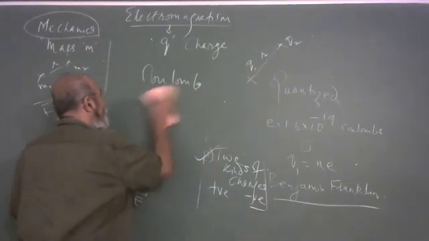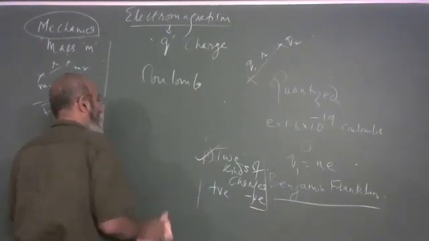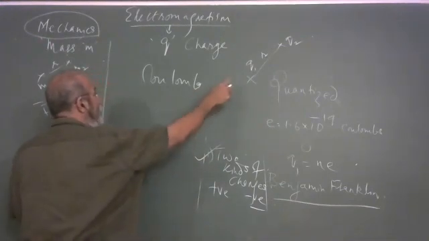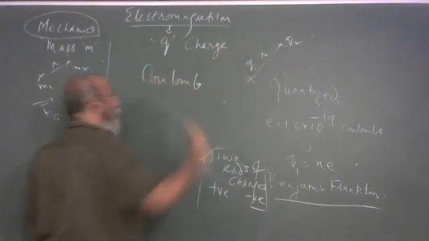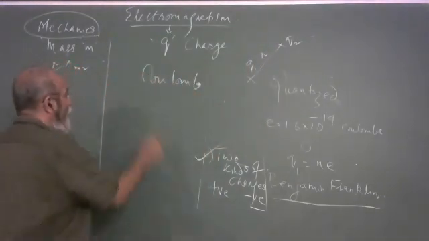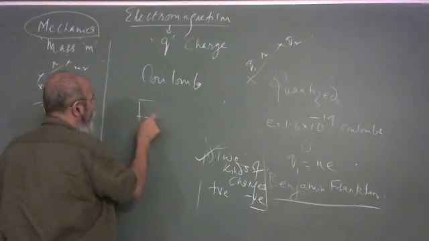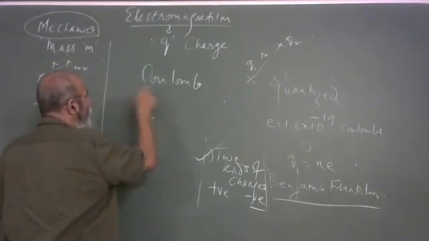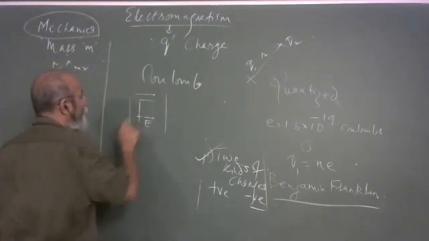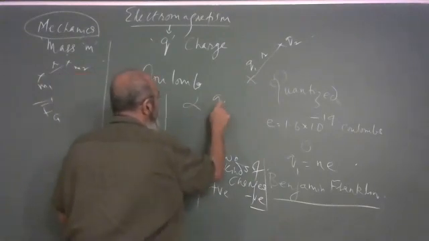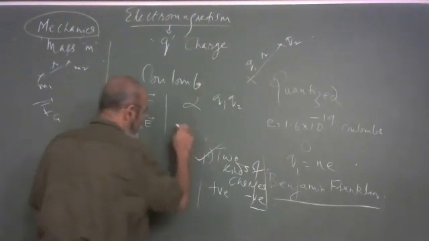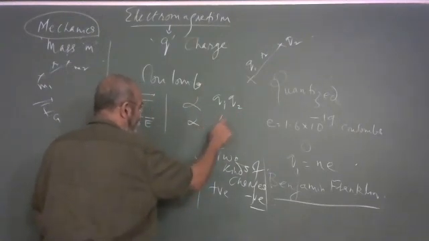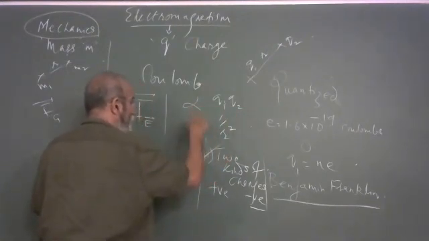And he quantified it. He says, take any two particles which have charges Q1 and Q2 separated by a distance r, then the electric force in magnitude is proportional to the product of the two charges, inversely proportional to the square of the distance between the two.